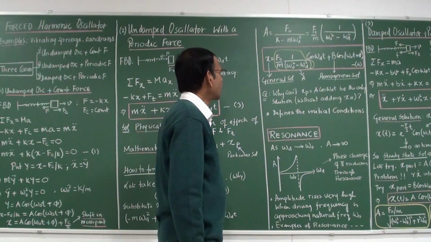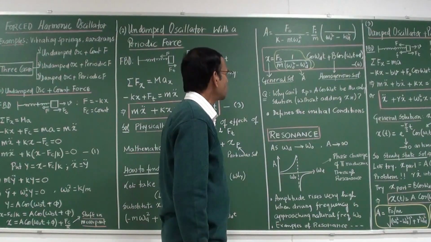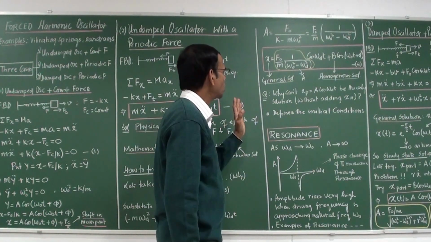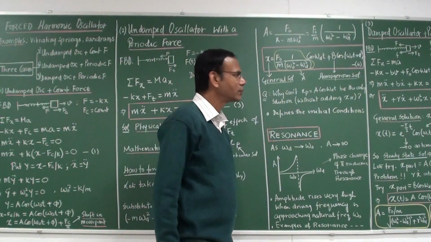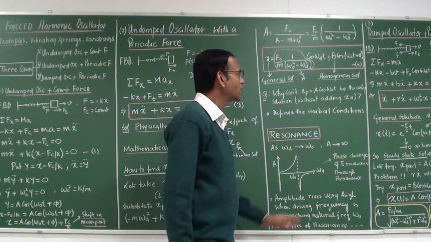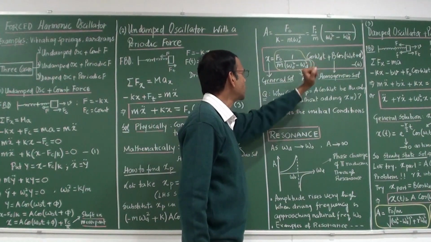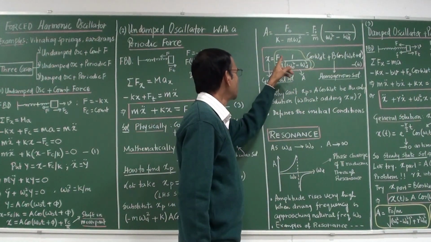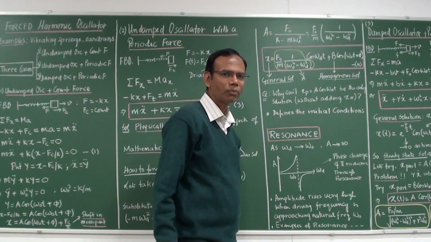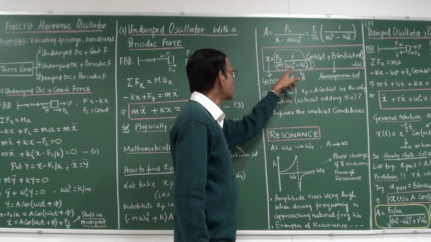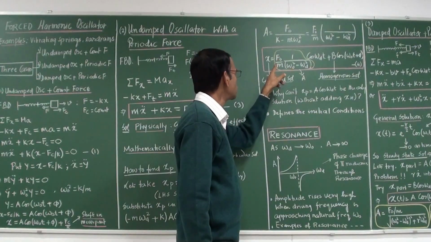Okay. Now here we would like to see one thing. As I told you, if you take omega d as 0, then what will happen? Cos omega dt will be 1. This will be f0 by m omega 0 square. Omega d square is 0. Omega 0 square is k by m, so it will be f0 by k.